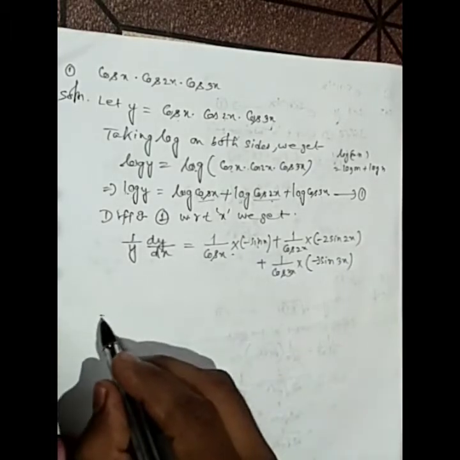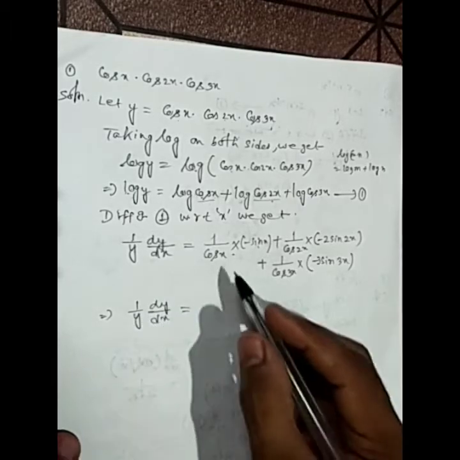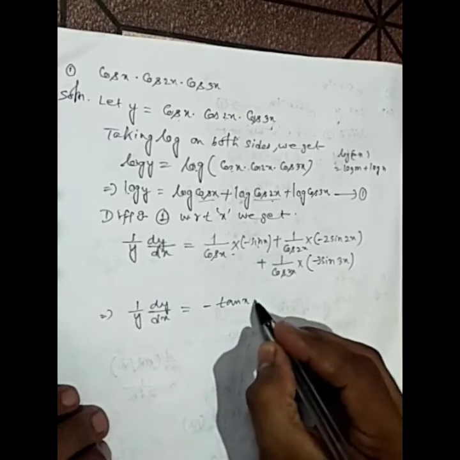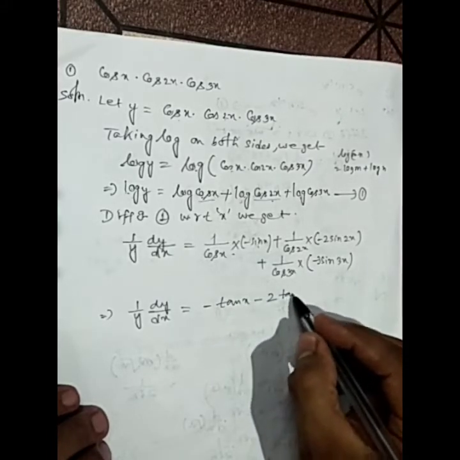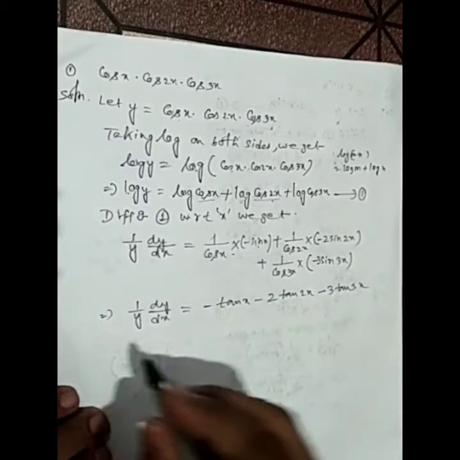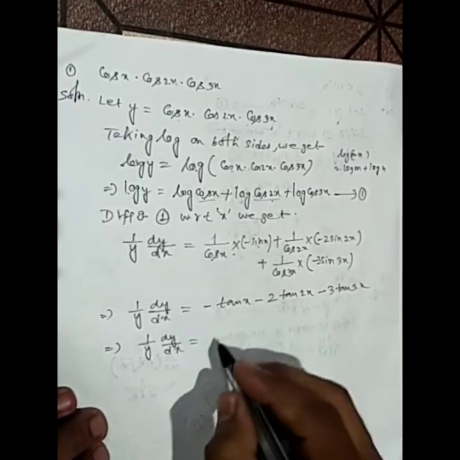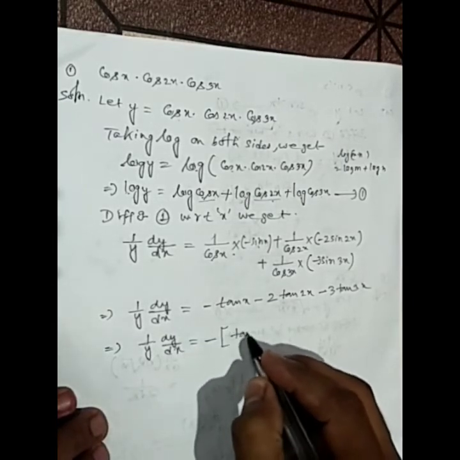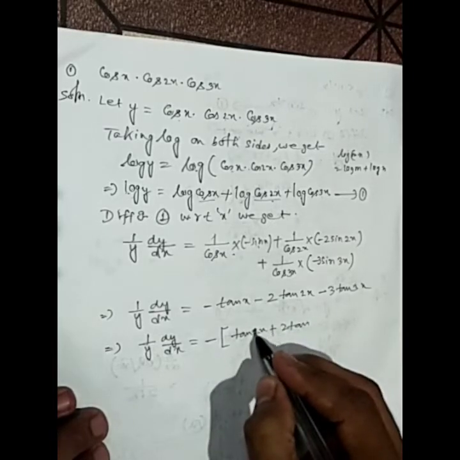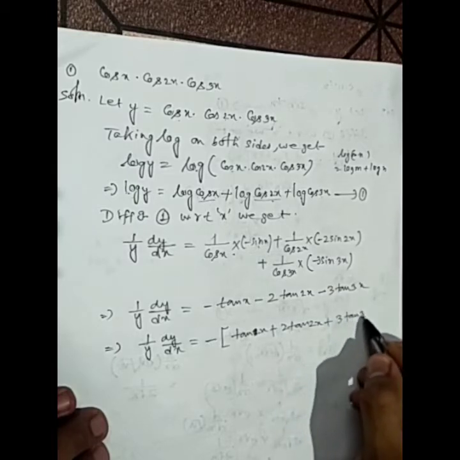Implies 1/y dy/dx equal minus sin by cos means tan x, minus 2 tan 2x, minus 3 tan 3x. Implies 1/y dy/dx equal minus, take common, you will get tan x plus 2 tan 2x plus 3 tan 3x.